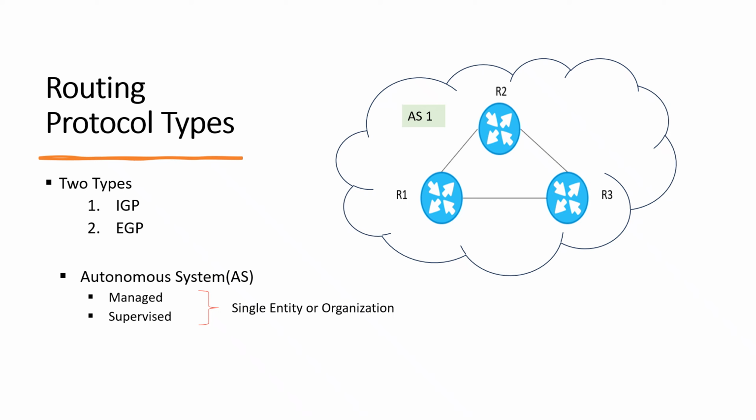Typical examples of an AS are a company's internal network or an ISP network, which is also typically a single AS.